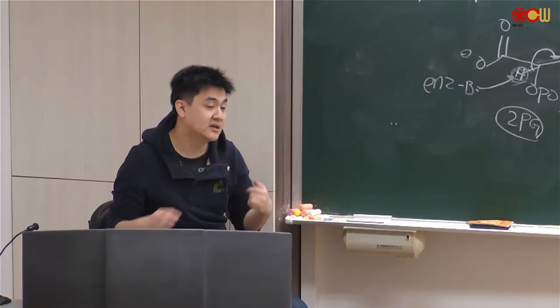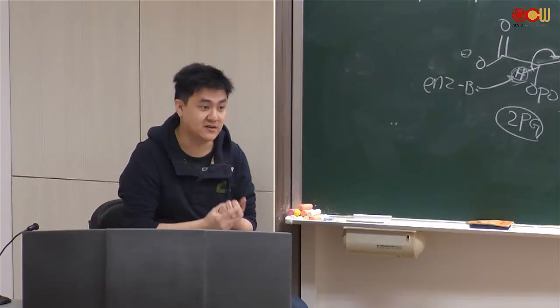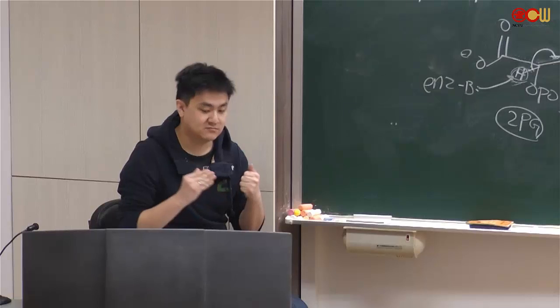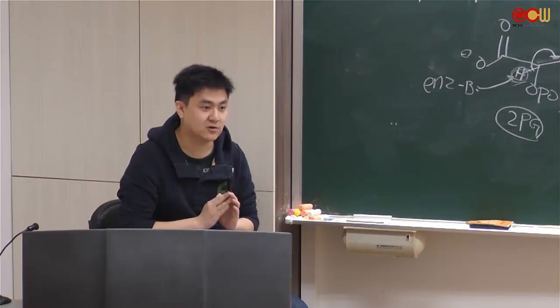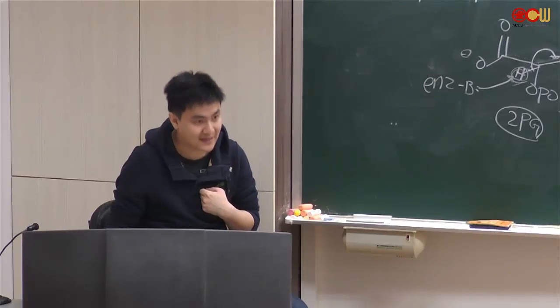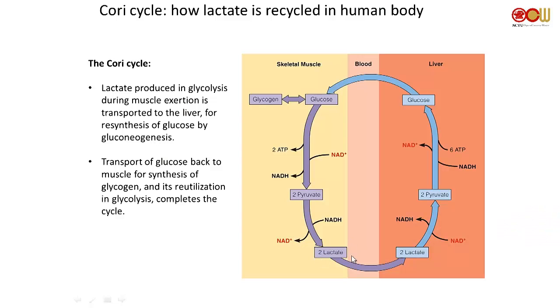That is because your muscle cells do not have enough oxygen. So the muscle cells will say, let's somehow recycle my NADH back into NAD, and to do that, I produce lactate.